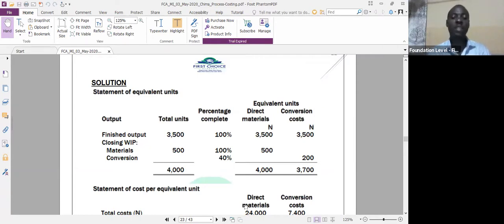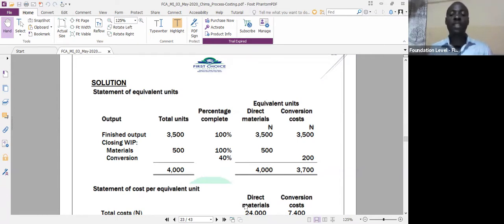So what it now means is that if you add the direct material units, you will get 4,000, and you add the conversion, you get 3,700. What it means is that the 4,000 units of everything, closing stock, feels like 4,000 units of material and 3,700 units of labor.